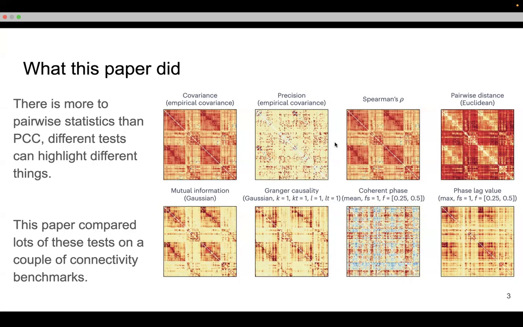Precision is the same correlation. It's called partial correlation because it removes the confounders and whatever is left. So you have A and B and other variables.